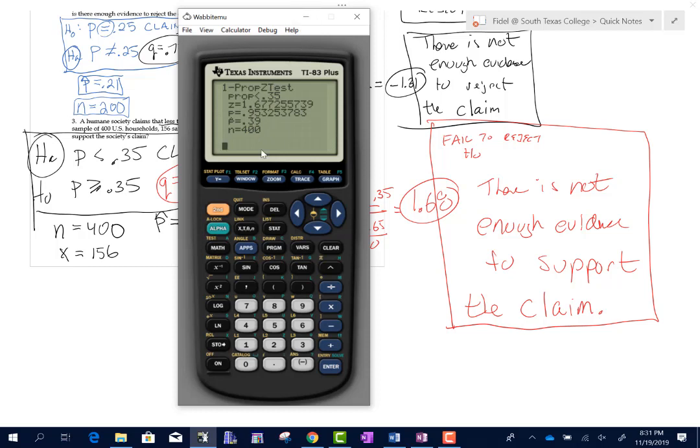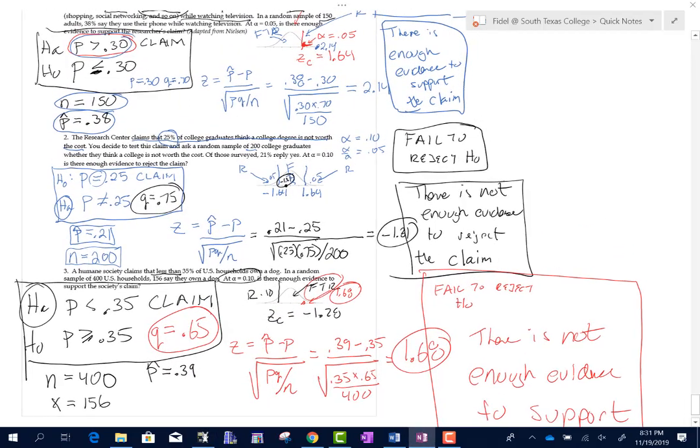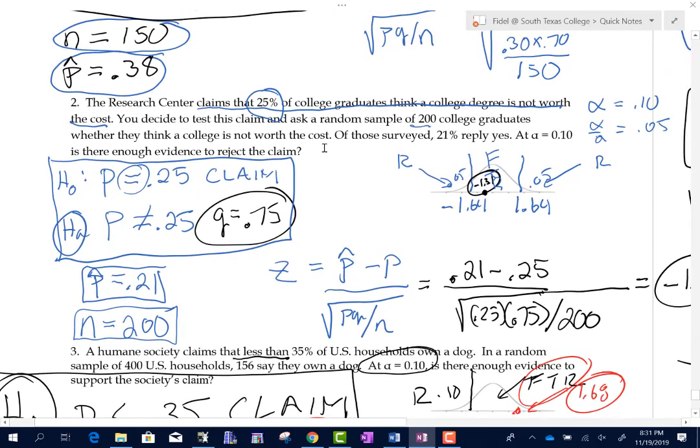So the only thing is, you can do this, right? Just to double check. But I want to ask you something. When I was doing, say, problem number 2, did problem number 2 ever tell me, it told me the percent that replied yes, but it did not actually tell me the number? No, it didn't, right?